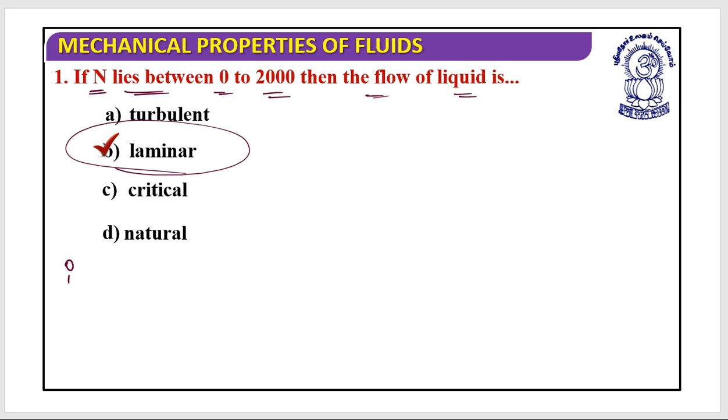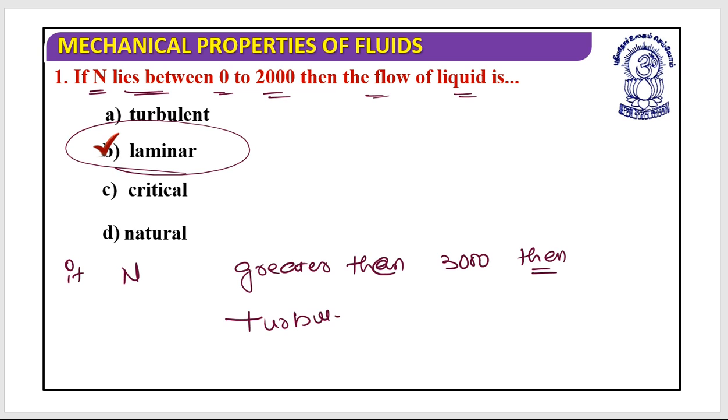If they have asked that if n is greater than 3000, then it would be the turbulent one. I hope this is clear.